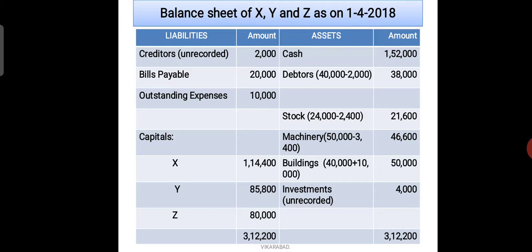Okay students, in the new balance sheet you take old balance sheet assets and liabilities, make adjustments to those assets and liabilities and take the net figures in the outer column, and you have to show the new partner's capital account also in this new balance sheet. Okay, like this we solve the problem.